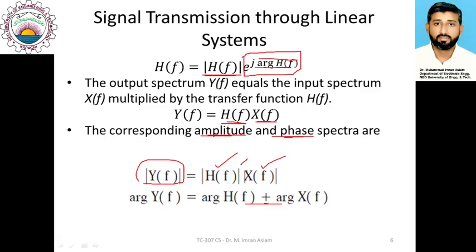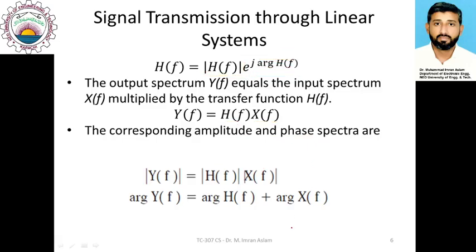So if you multiply these two, with the same base, the phases would get added together. So phase is calculated by the operation of addition. If you want to find the phase angle of the output, you should add the phase angle of the input signal with the phase response of the system. If you add them together, you would get the phase of the output signal.